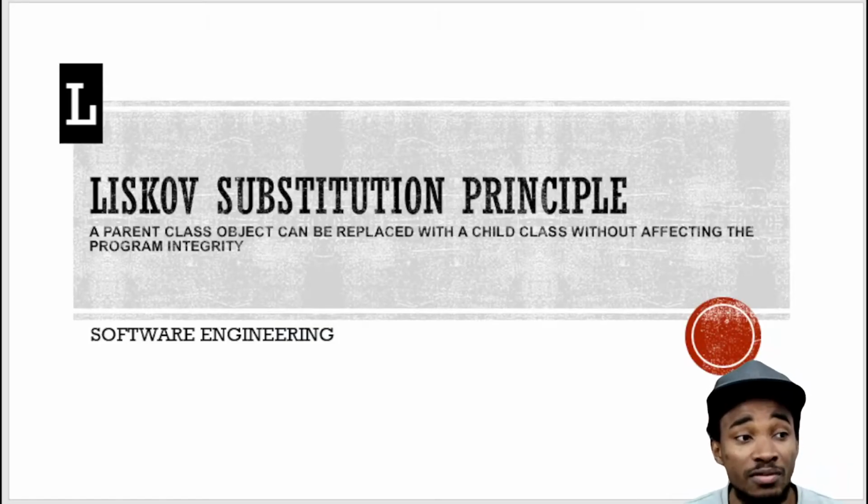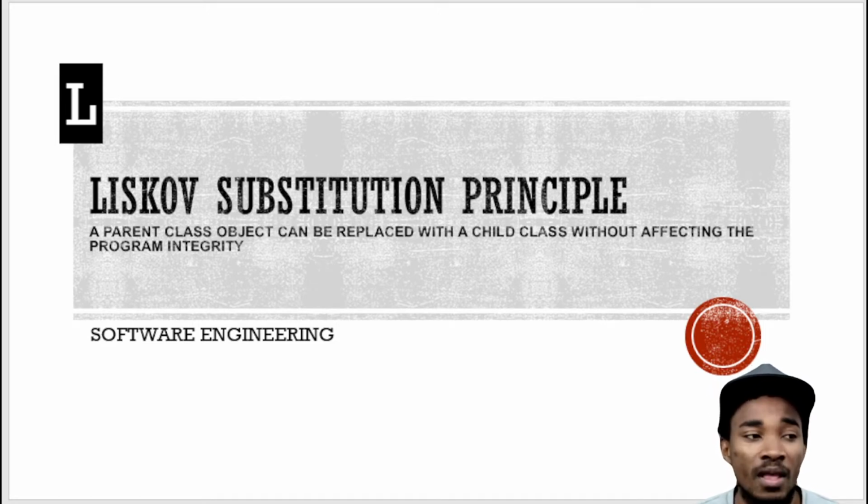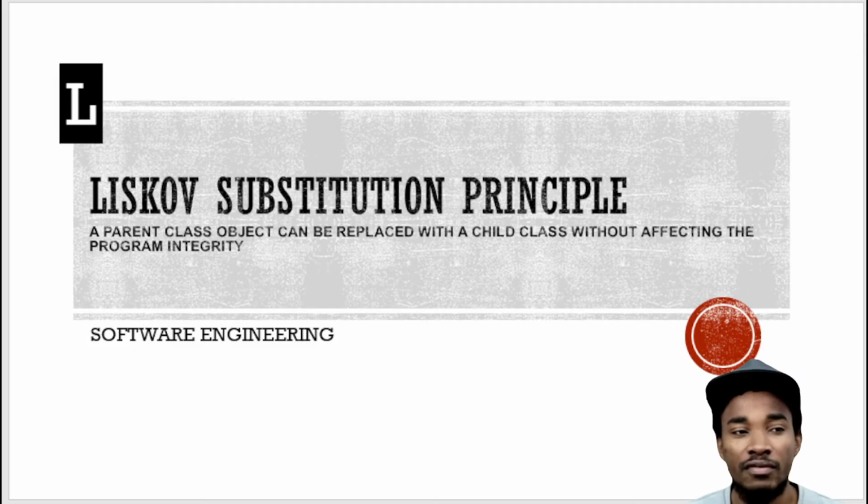The Liskov substitution principle states that a parent class can be replaced by a child class without affecting the program's integrity. What this means is, let's say for instance you have a class that carries a particular function.